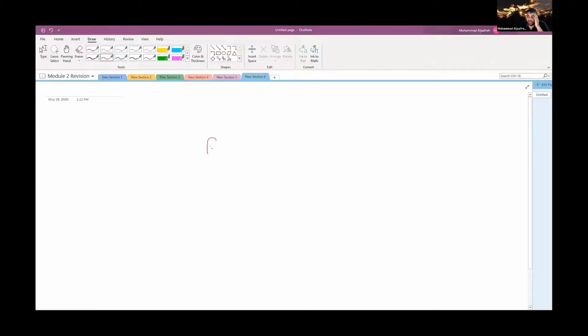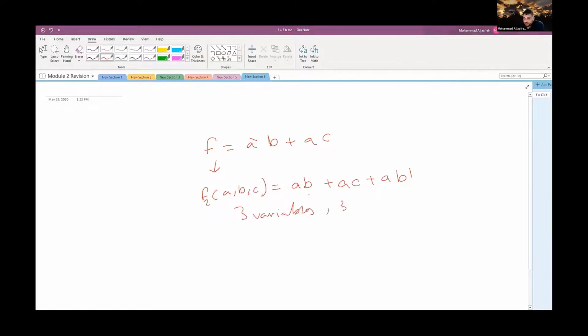So the function F equals AB plus AC. This function has just 3 variables because it should be written as F of A, B, C. And F of A, B, C can be equal to AB plus AC plus AB prime. Now this function, let's call it F2, because those are not equal to each other, has 3 variables, 3 terms, and 4 literals.